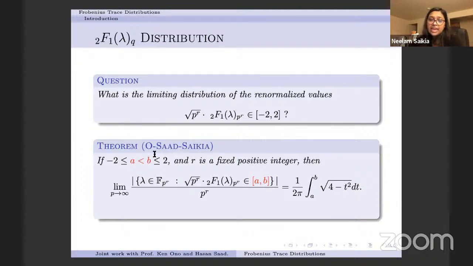If A and B are numbers that lie between -2 and 2, and R is a fixed positive integer, then the ratio of lambdas such that the renormalized value of this hypergeometric function lies in the interval AB converges, as p goes to infinity, to this definite integral of the square root of 4 minus t squared. In other words, the distribution is semicircular.